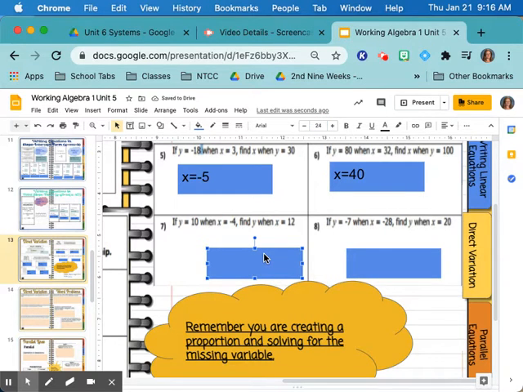On 7, we have if y equals 10 when x equals -4, find y this time when x equals 12.